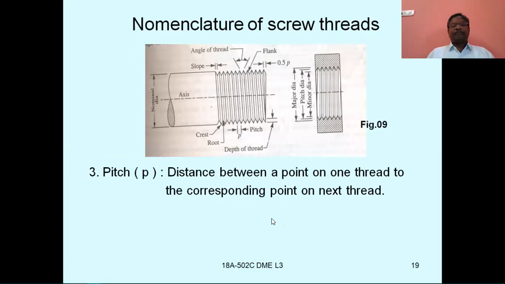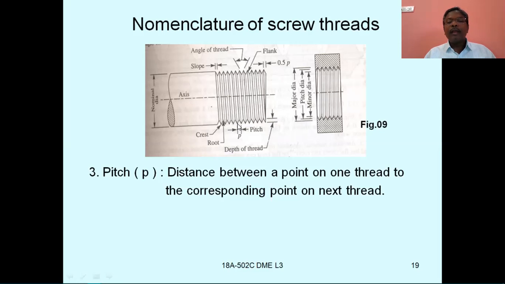And the pitch. Pitch is the axial distance along the axis from one point on one screw thread to another point on the consecutive thread.